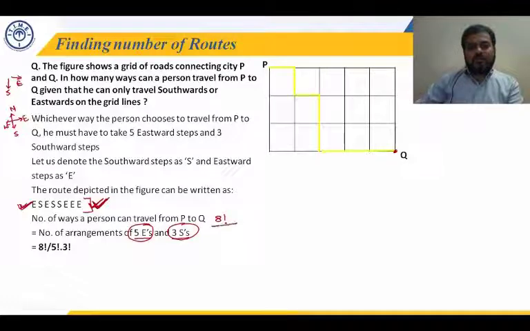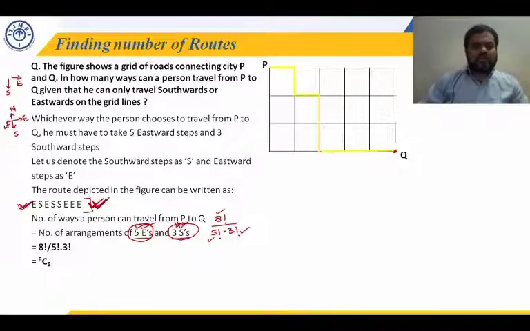But all these 5 E's are identical, so divide by 5 factorial. All these 5 E's are identical and of one type. Remember that formula, n factorial by p factorial into q factorial into r factorial. This is the application of that formula. These 3 S are identical and of a second type. So the total number of things is 8 factorial, divided by 5 E's identical and 3 S identical. So it is 8 factorial by 5 factorial into 3 factorial.